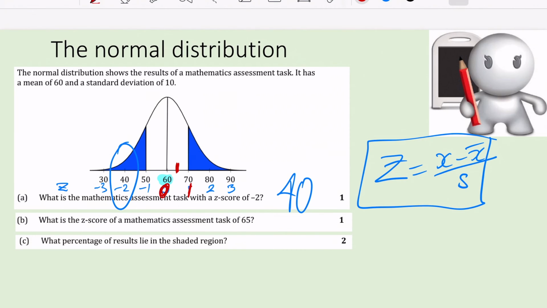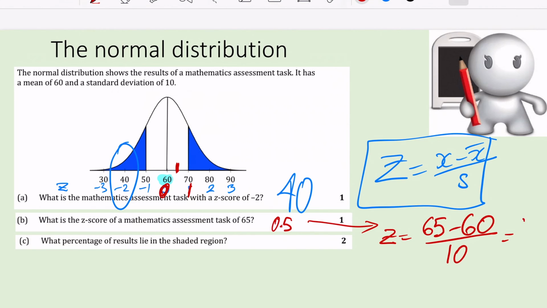We know that our answer is going to be 0.5, but this time we're going to use the Z-score formula. The score that you've been given is 65, the mean is 60, and the standard deviation is 10. So that's going to give you 5 over 10, which is obviously 0.5.